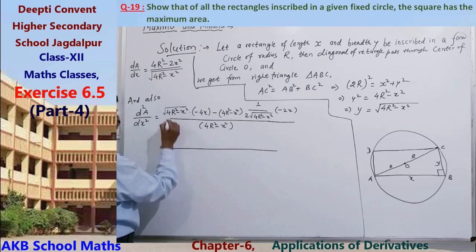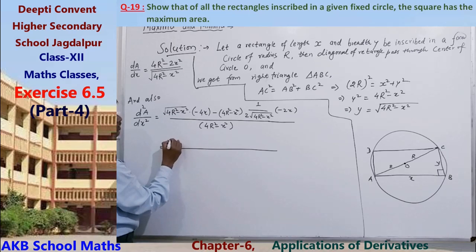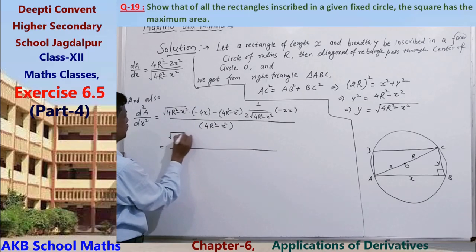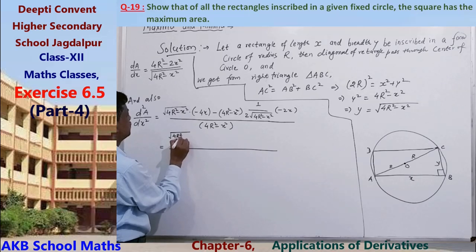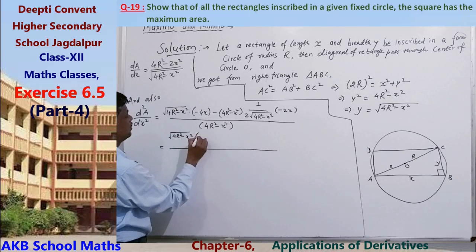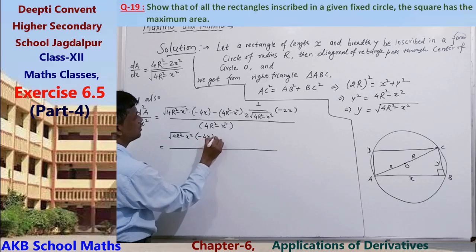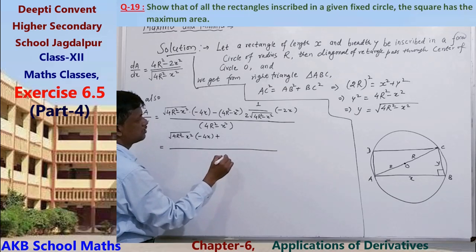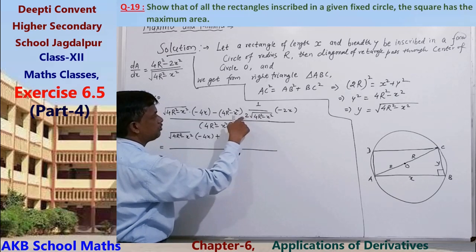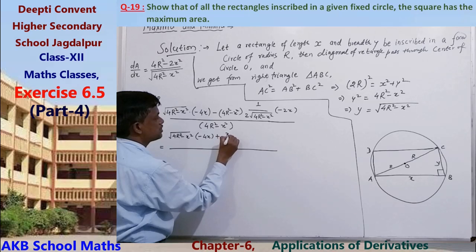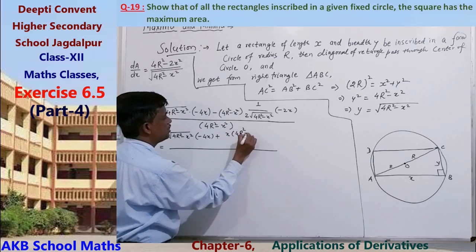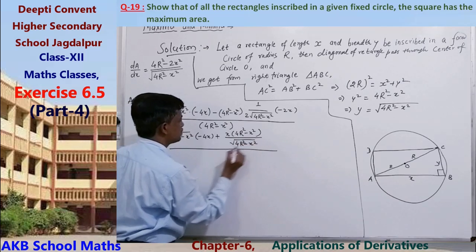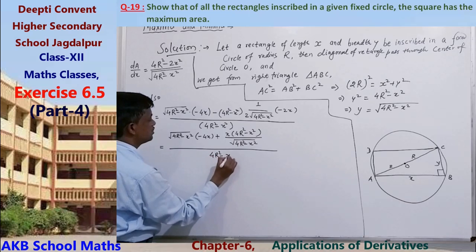Here root over, you can solve it, root over 4r square minus x square into minus 4x minus plus 2 cancel, x 4r square minus x square upon root over 4r square minus x square upon 4r square minus x square.